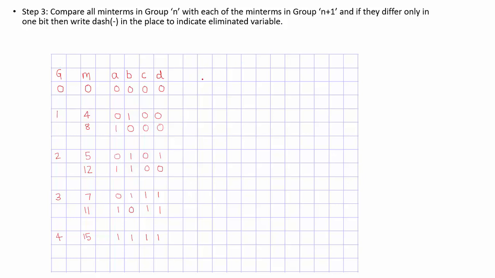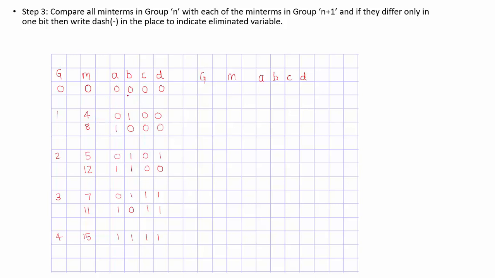So when I do that, I'll get a new combination of grouped minterms, and input variables are A, B, C, D. I have to compare each of the minterm in group n with each of the minterm in group n plus 1. So I have to compare 0 with 4 and 0 with 8. When I compare 0 with 4, I can see A, C, D is 0 in minterm 0, and even in minterm 4, A, C, D is 0, 0, 0.